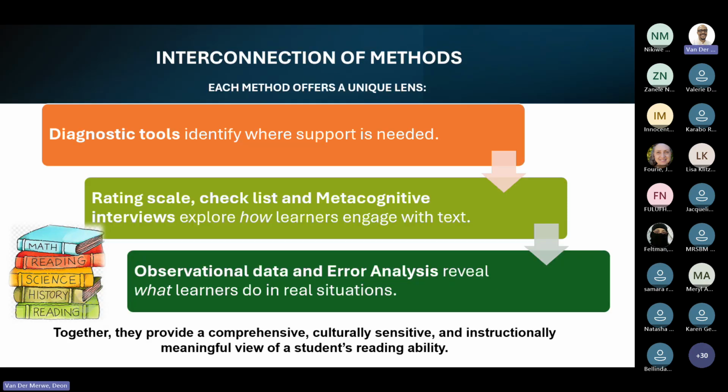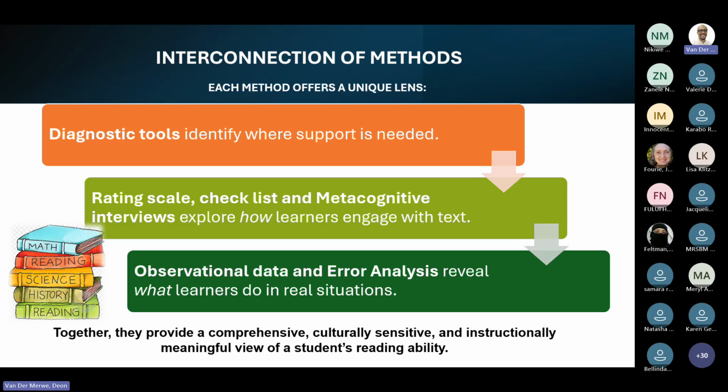So what I want you to really take away from reading assessment is understanding that diagnostic tools help us figure out where learners need support. Things like rating scales, checklists, and metacognitive interviews give us insight into how learners actually engage with a particular text.